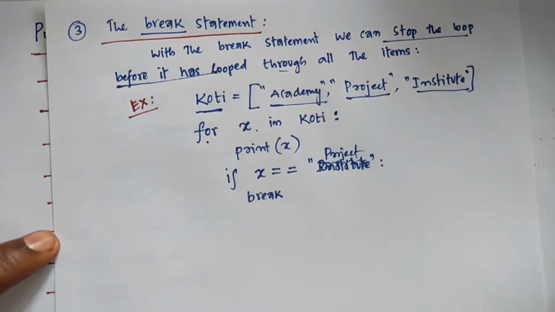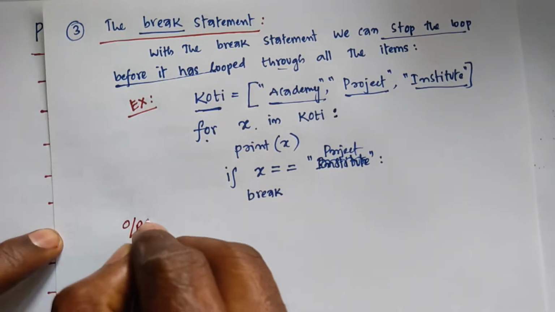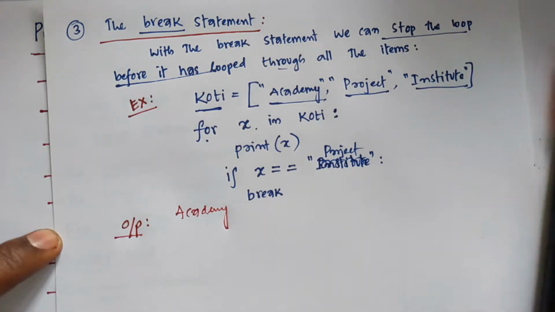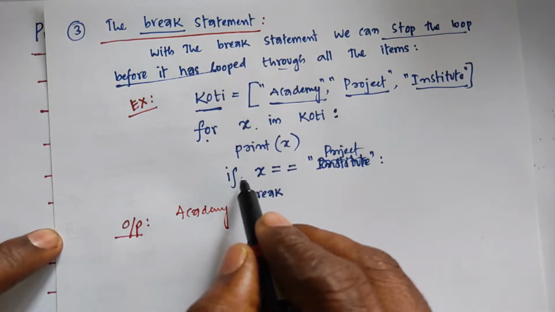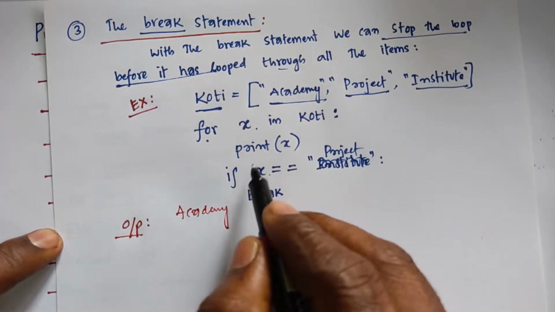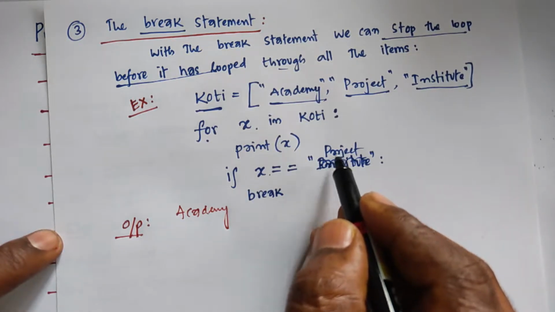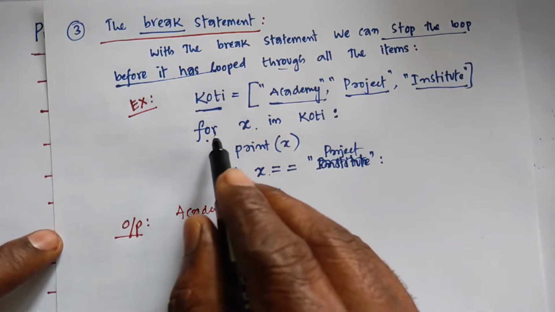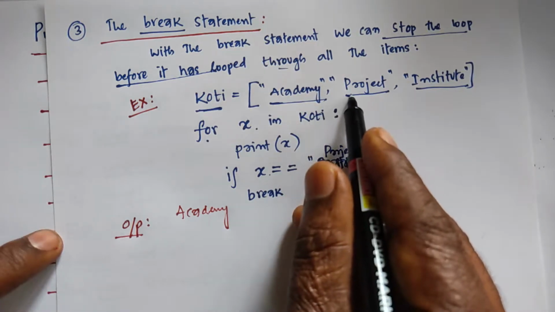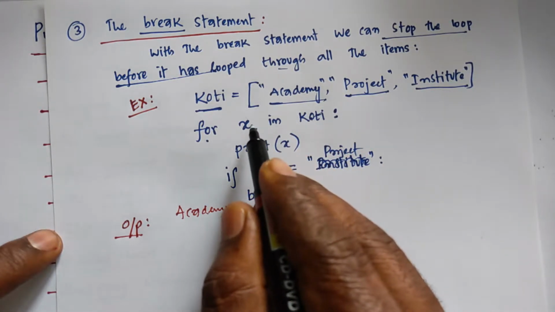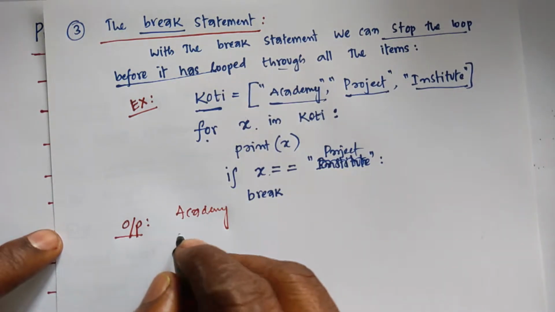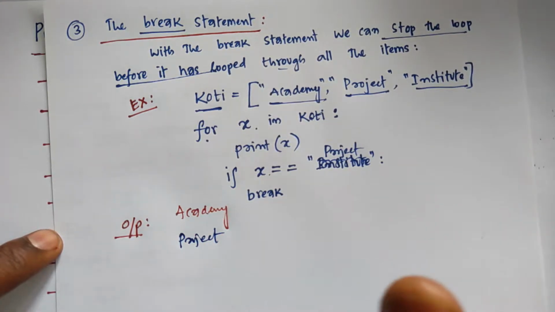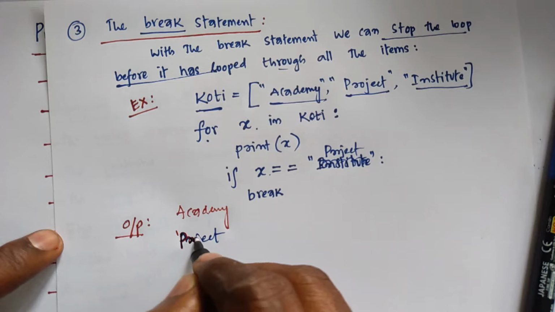Then you print x, and the first output is academy. Next, check if x is equal to project or not. Academy is not equal to project, so go to the next value. The next item of quote is project, moving into x. Then you print x, and you get project.